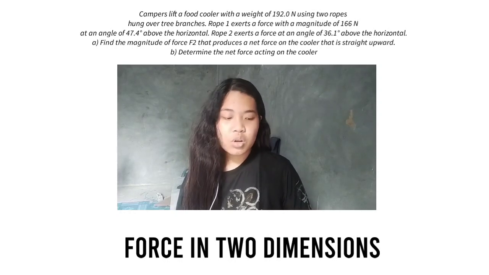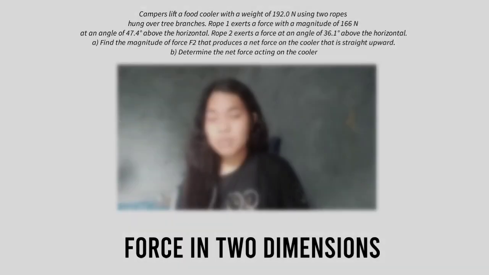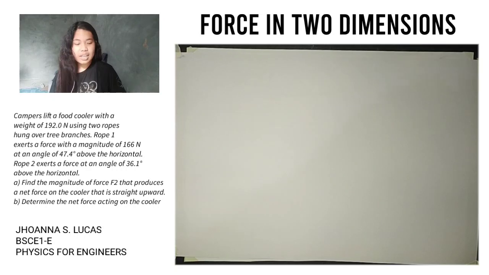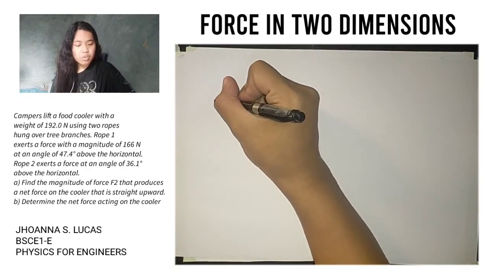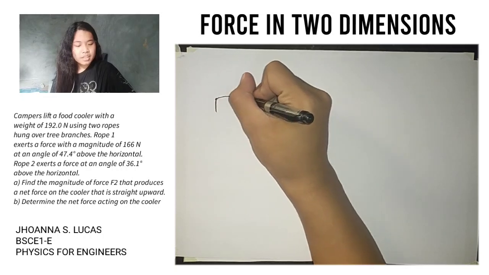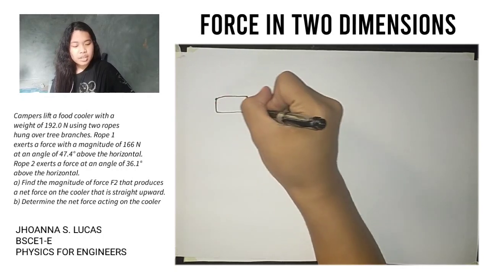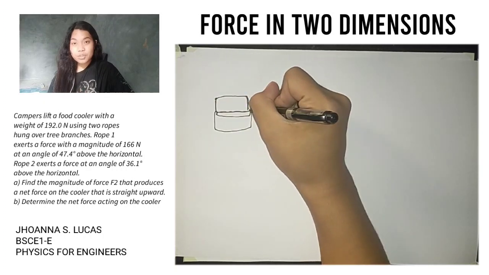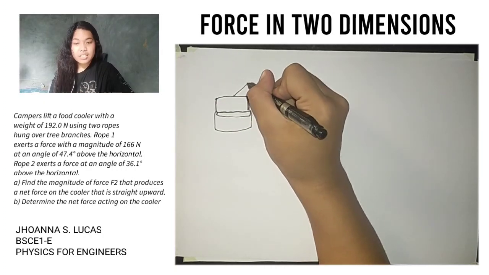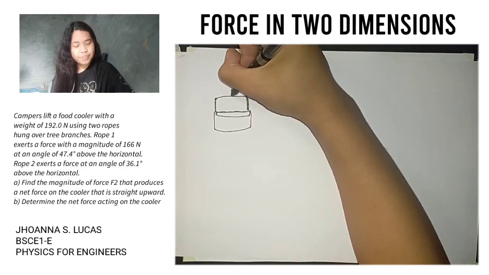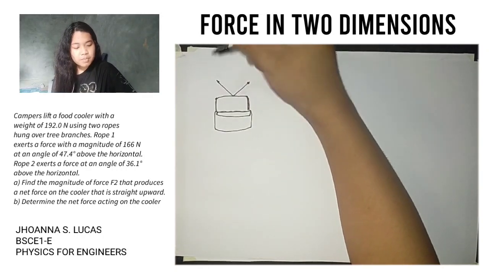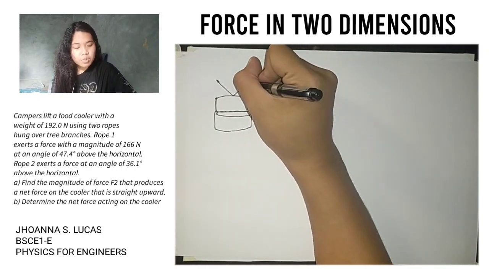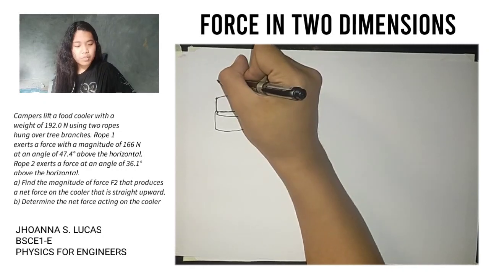Before we start solving, we have to draw the problem first for us to solve it easily. So, this will be the cooler, and this arrow will be the force or the rope that lifts the cooler up. This will be the F sub 2 or the force 2, and this will be the F sub 1 or the force 1.